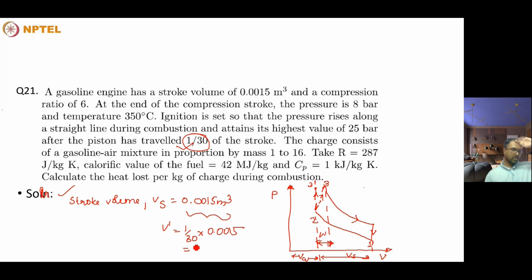So that will be around 5 into 10⁻⁵ meter cube.